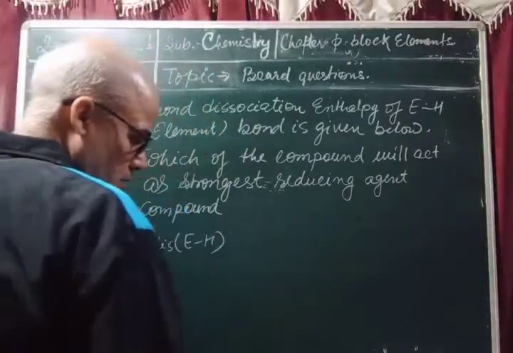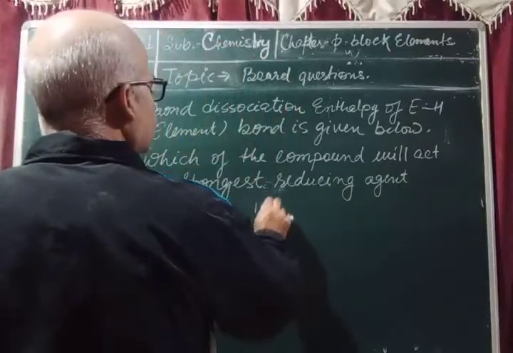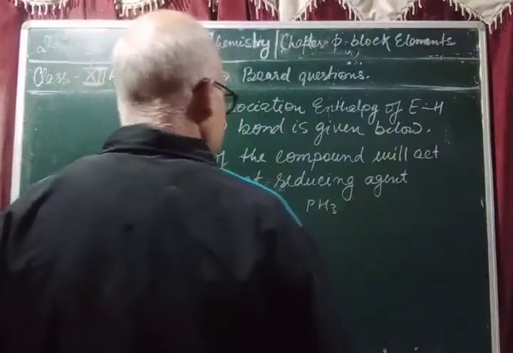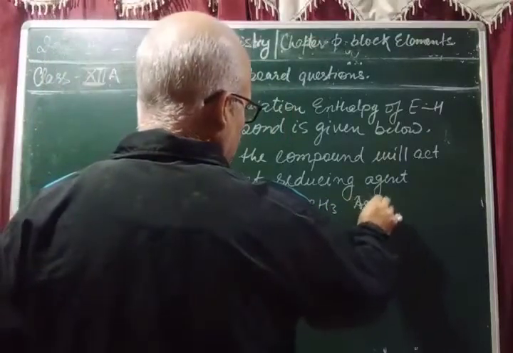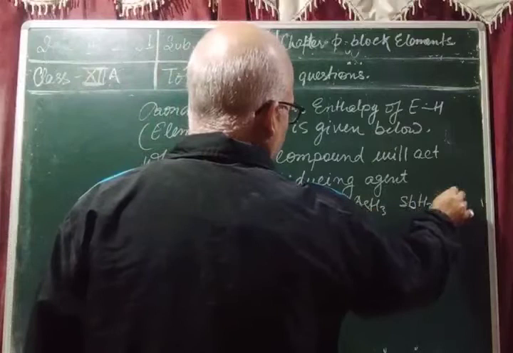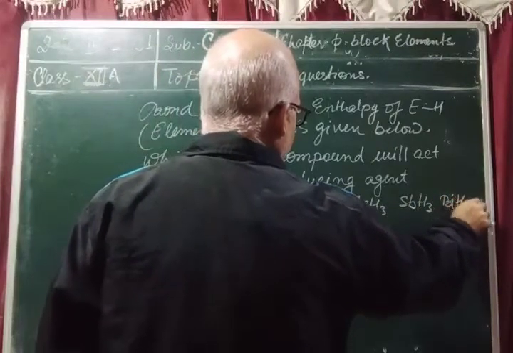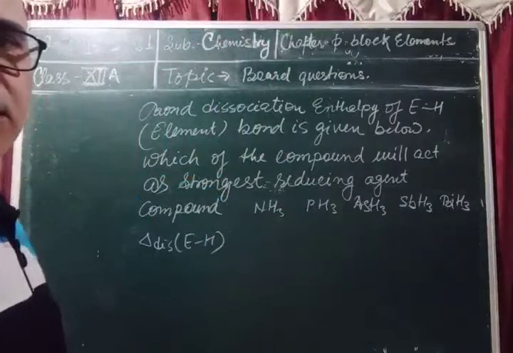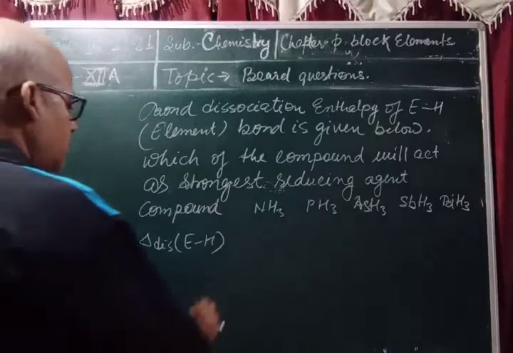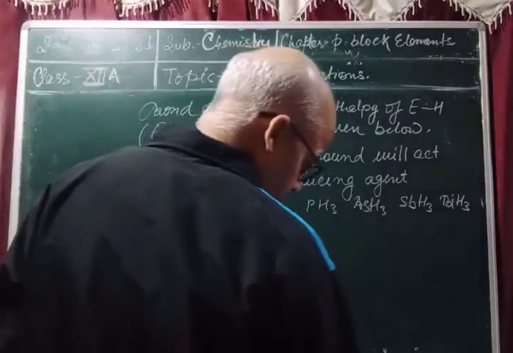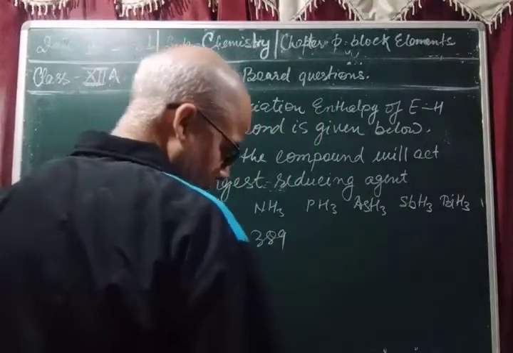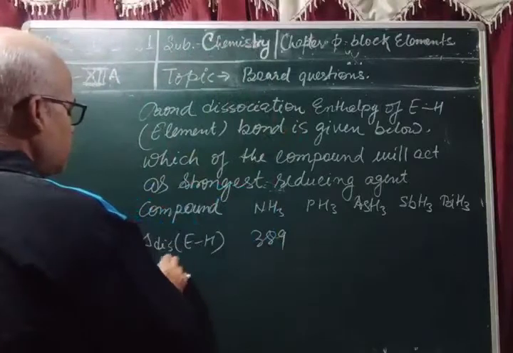Our compounds are NH3, PH3, AsH3, SbH3 and BiH3. Okay, these are the compounds. Now, their bond dissociation enthalpies are 389, and this is in kilojoule per mole.